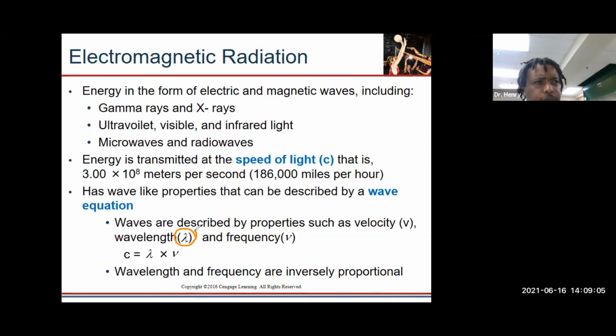Have you guys ever been to the beach and saw the ocean wave? If it was a very, very short wave, it's going to have a small wavelength. If it's a really long wave, it's going to have a large wavelength. Now, speed of light is always going to be 3.00 times 10 to the 8th, right?